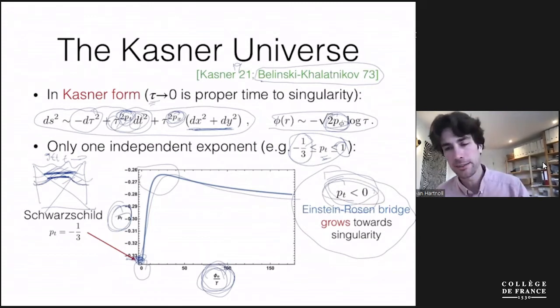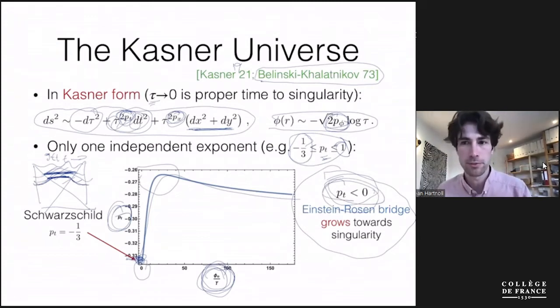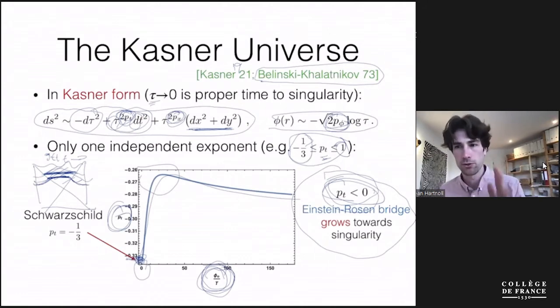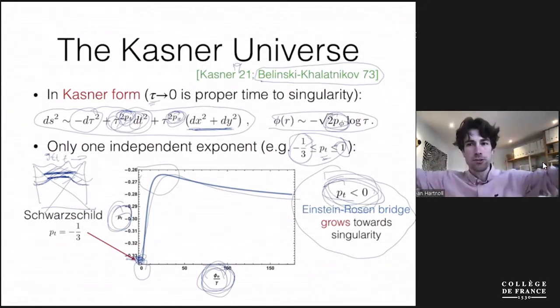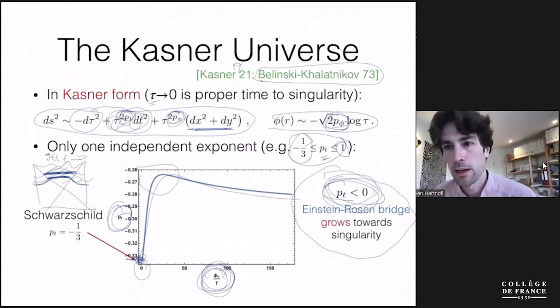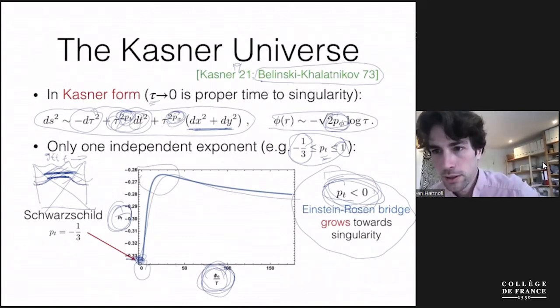We're going to come to cases later where it can also be positive. That's also a good question. So once again, in this framework, PT is always negative, which means the interior of the black hole is growing at late times. But we'll see that doesn't always happen. Is that your question? Yeah, thank you.